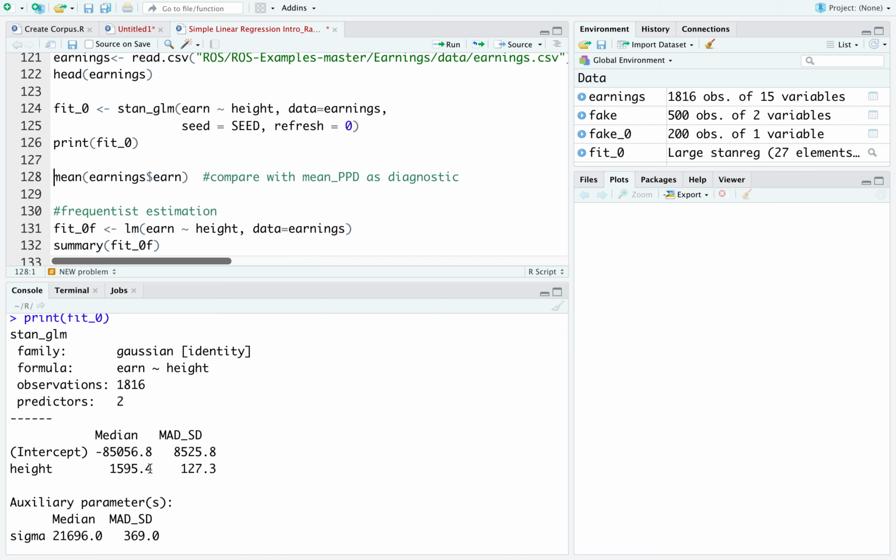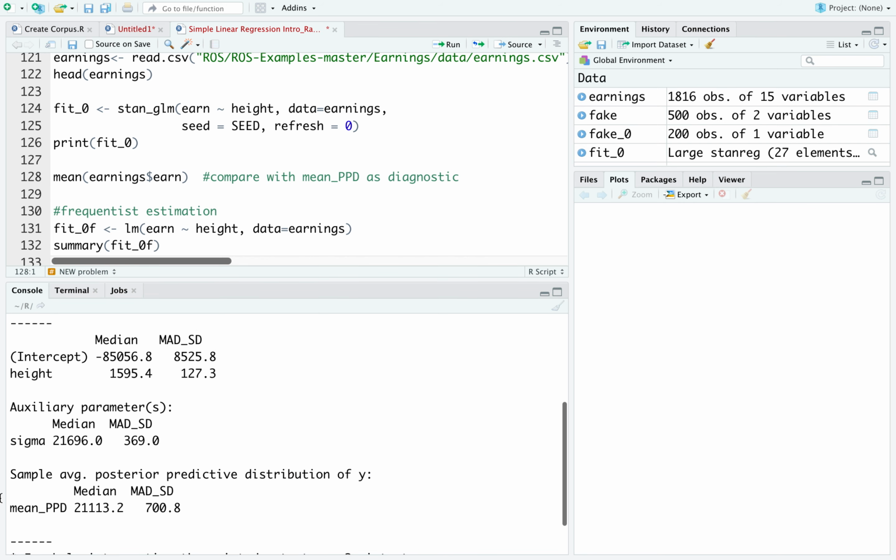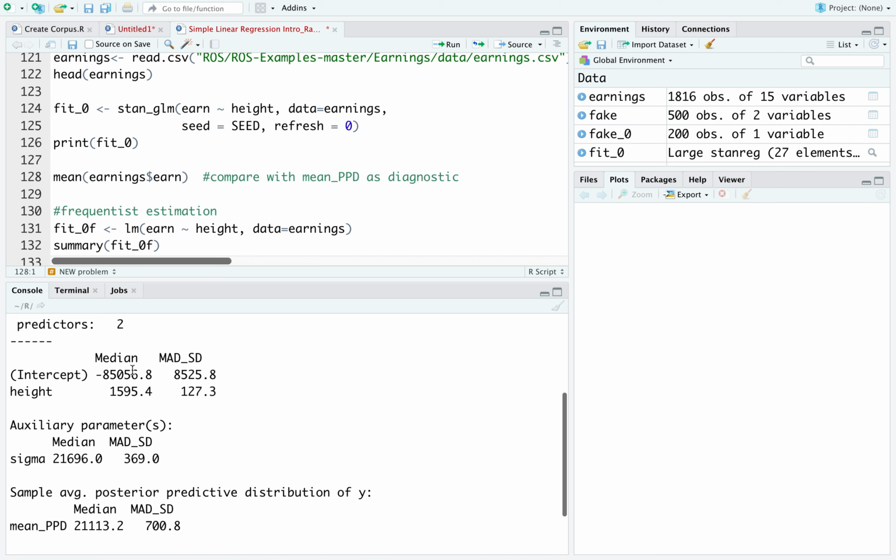So one thing I will point out, this is the only little tidbit since it's in this output. Remember we've got coefficients, we've got estimates of the standard deviation, or in this case it's actually the standard deviation of the error.